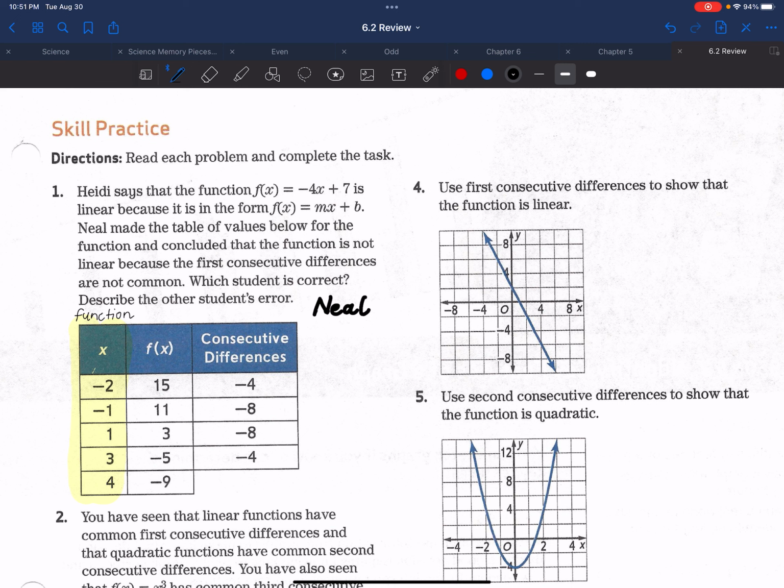He is trying to use x values that are not in order. We skipped 0, we skipped positive 2, so we can say that the x values are not in order. They're not consecutive. So if they're not consecutive, the differences are not consecutive either. So Heidi was correct on this one.